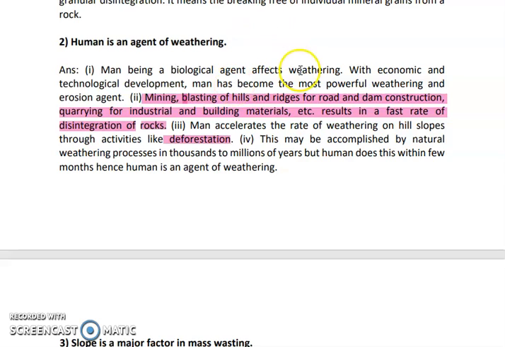Okay, so because of this, it is also called anthropogenic weathering. The activity is done by humans, and the resulting weathering is called anthropogenic weathering. So it is also considered a biological agent which affects weathering. So since many years now, human is considered the most powerful weathering agent.